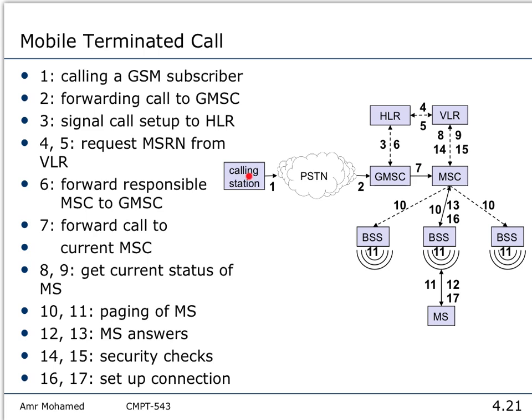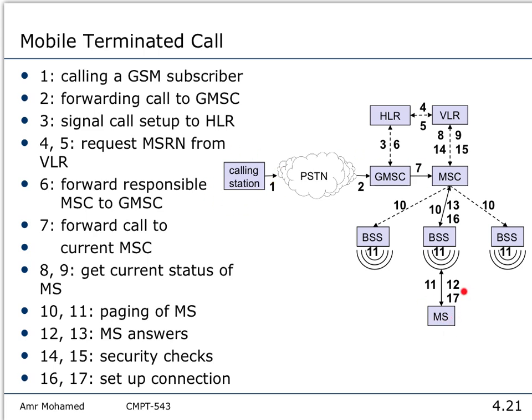But anyway, we have a calling station, which is a landline phone, and then we dial the number of a mobile station. We want to see the sequence of steps we have to perform in order to establish this call from the calling station all the way to the mobile station.